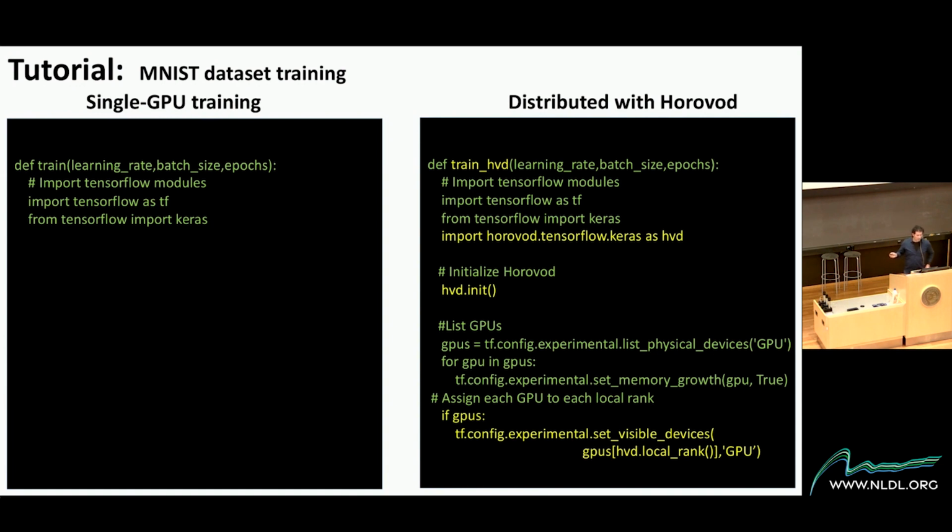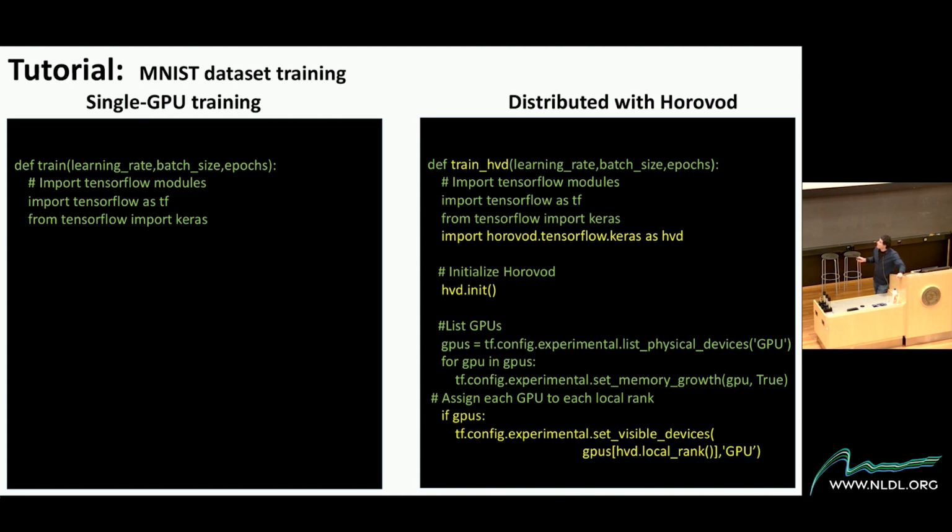So we take this simple example. Sorry, I split this screen in two parts. There is a single GPU training in here, and there is distributed training in here. Then we can see the difference, and you can notice the simplicity of implementing Horovod.